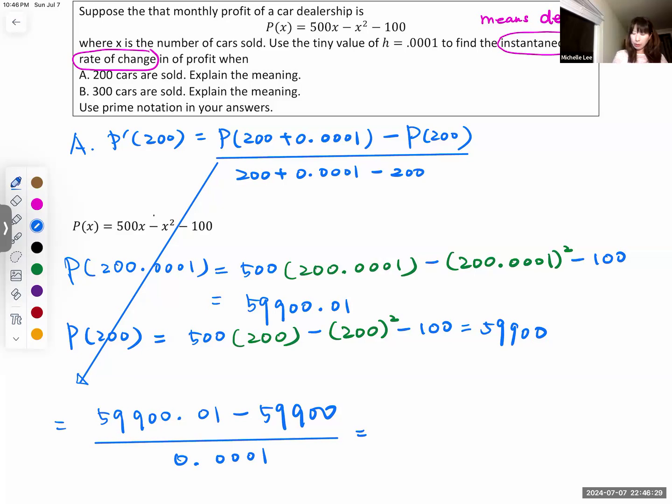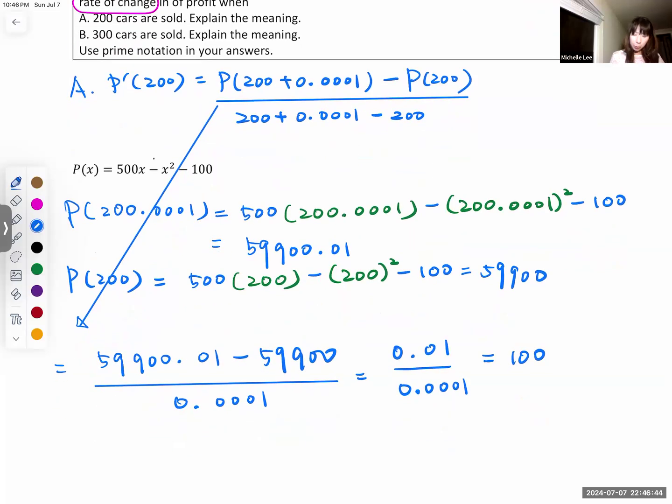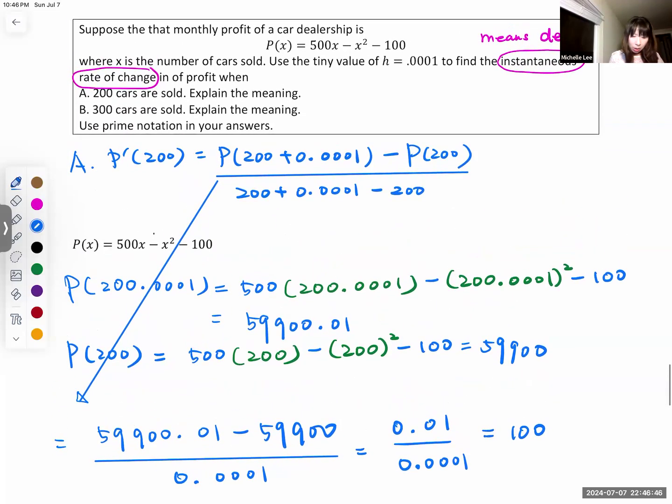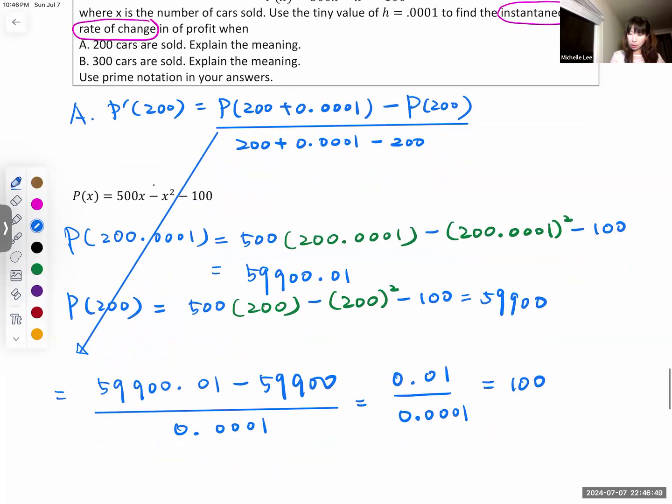Okay, so there will be 0.01 over 0.0001, which is 100. So unit is $100 per car sold, right? So dollars per car.